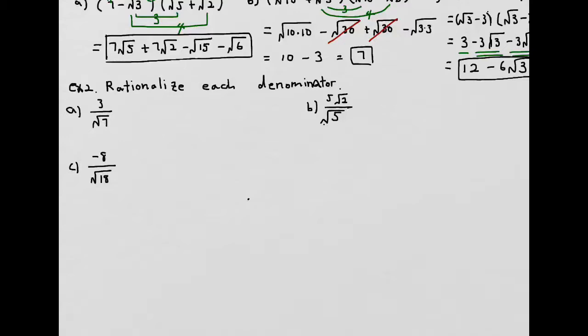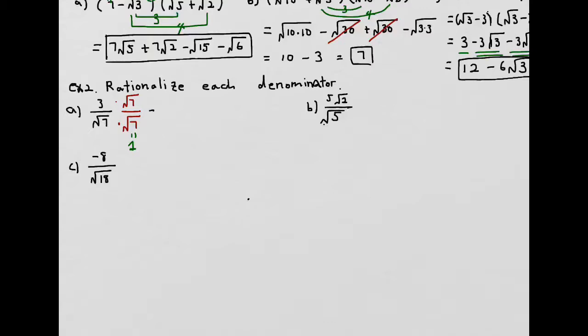So whenever you have one term of radical in the denominator, then we can multiply by itself on the numerator and on the denominator, right? I mean, we're multiplying by square root of 7 over square root of 7, which is basically equal to 1. So you're multiplying 1 to the given expression, so you're not changing anything.